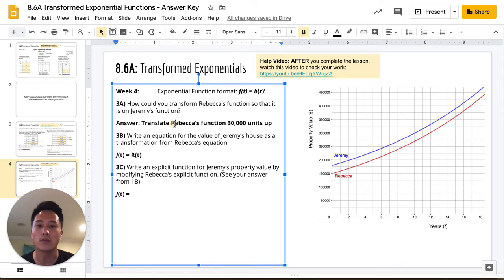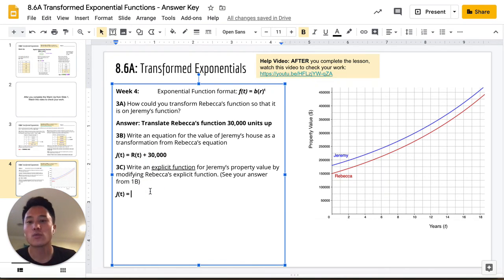Well, I know that Rebecca's function has to be moved 30,000 units up. So that's the same thing as adding 30,000 to Rebecca's function. So the way that you can read this is Jeremy's property value is always equal to whatever Rebecca's is at a given year, but it's $30,000 more than that.